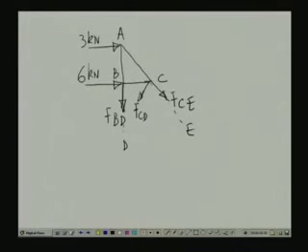We can compute the forces. If we take the moment of all the forces with respect to this point, then 3 kilonewton is going to contribute a moment of 3 times this distance, and FBD will have a moment of this force times this distance. So 3 kilonewton multiplied by 4 is a clockwise moment. If we take the moment about C as equal to 0, so 3 times 4 is equal to FBD times 3.